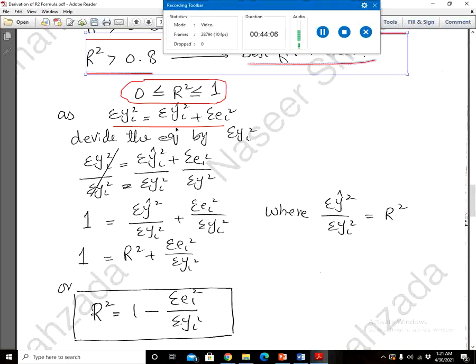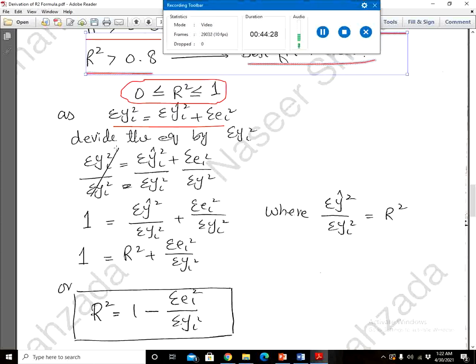Divide this basic equation by the sum of square of total variation, that is summation yi square: summation yi square divided by summation yi square is equal to summation yi cap square divided by summation yi square plus summation ei square divided by summation yi square.